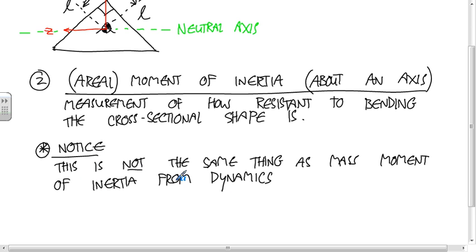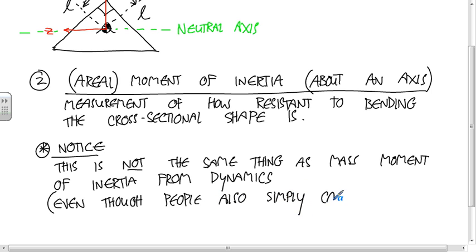The mass moment of inertia, people also simply call the moment of inertia.